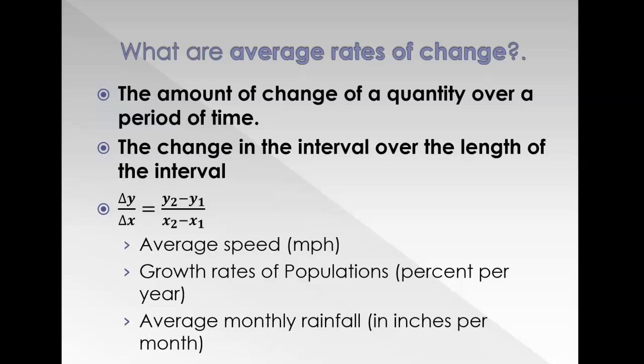Your driving speed comes from the miles you've driven over the time it takes you to drive them. Another one to talk about is average temperature. You can look at the temperature at 8 a.m. and 8 p.m. and talk about the average temperature of the day.